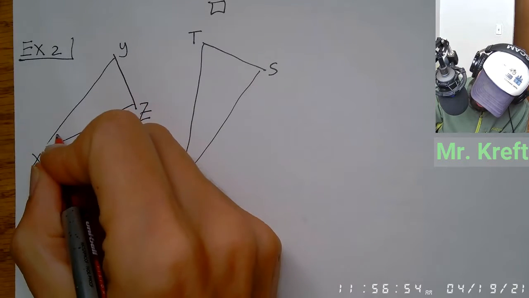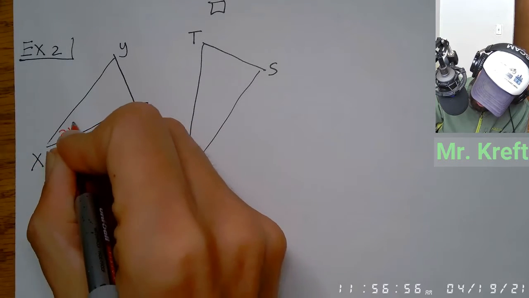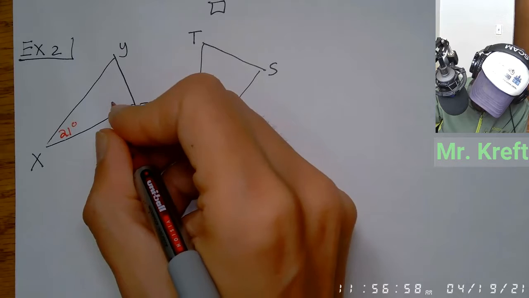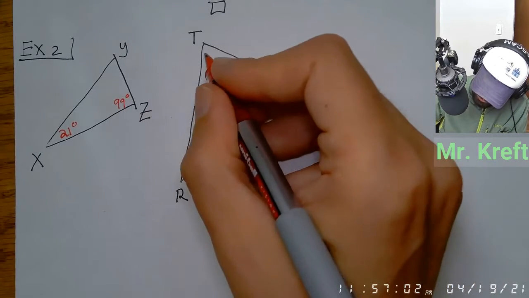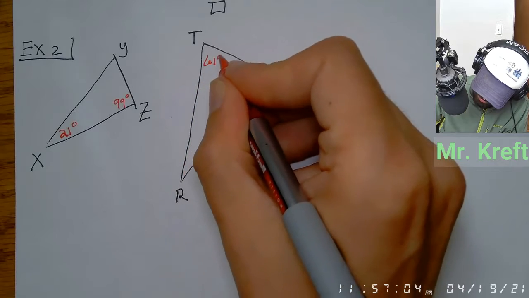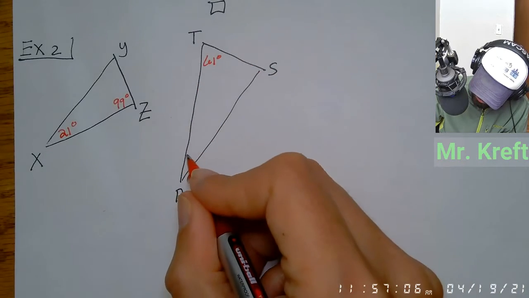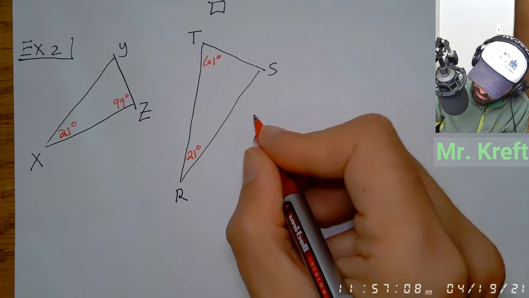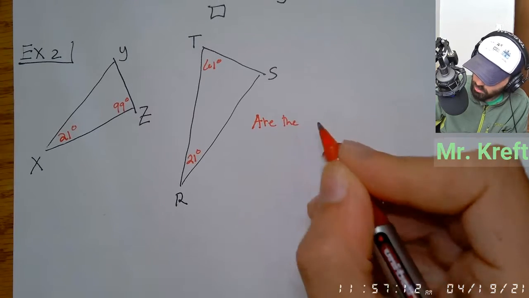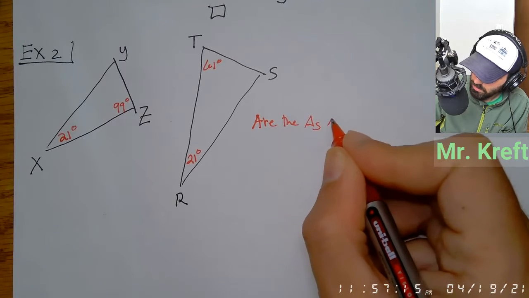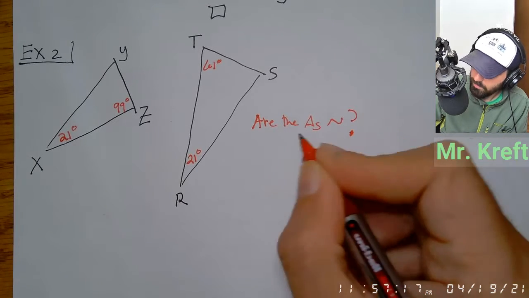Angle X is going to be 21 degrees, and Z is going to be 99 degrees, and then T is going to be 61 degrees, and this is going to be 21 degrees. So my question is, are the triangles similar?